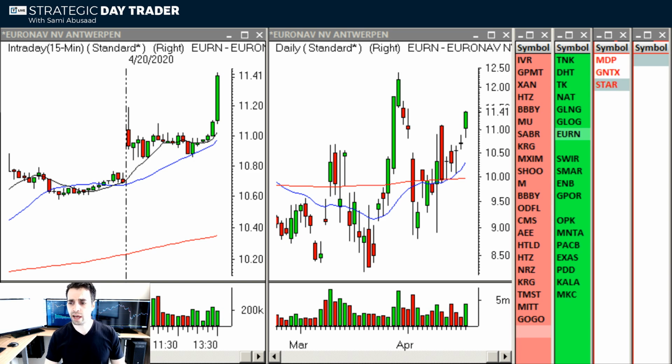I'll keep an eye on the EURN. That is a little climactic. EURN is a little climo, but not really that climactic. I'll try to keep an eye on it.